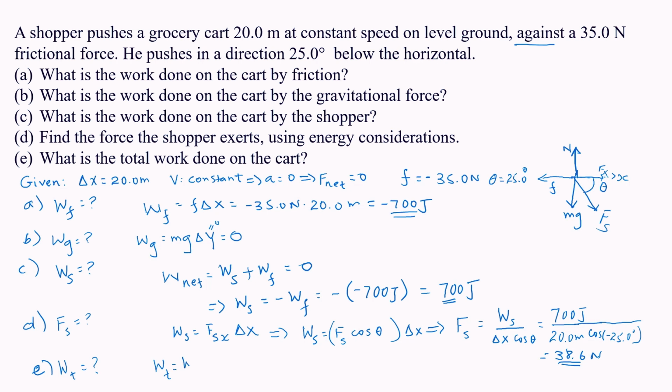That's work done by the shopper plus work done by friction. Work done by the shopper is 700 joules plus work done by friction is negative 700 joules. And the sum is equal to 0.